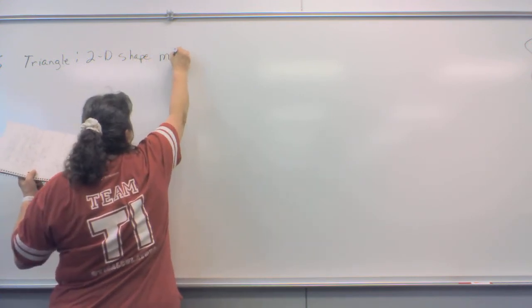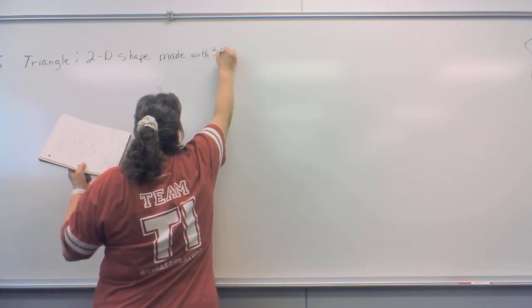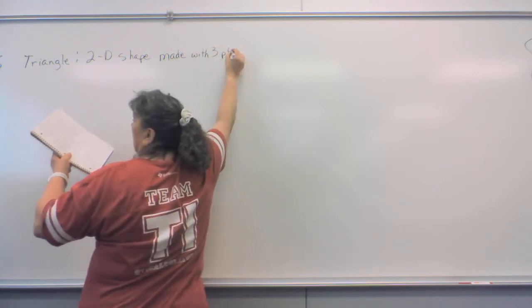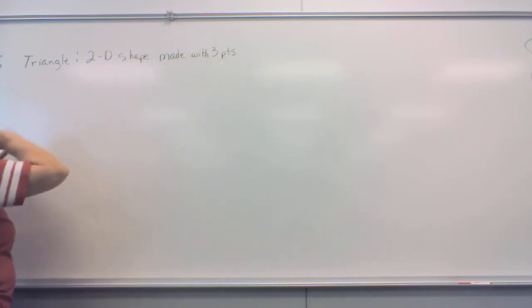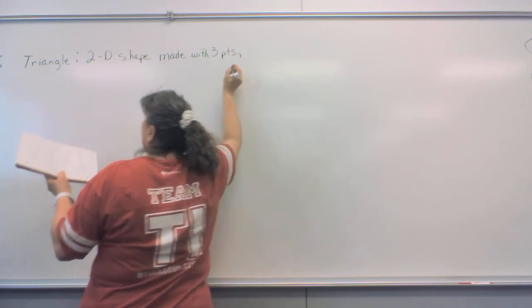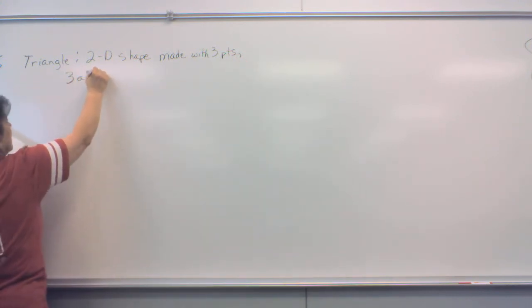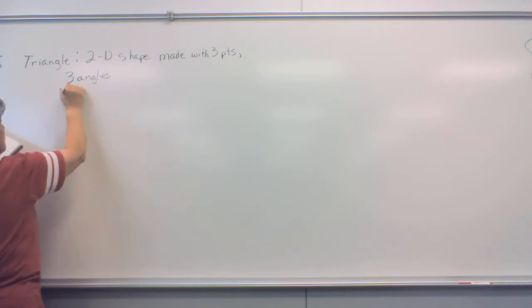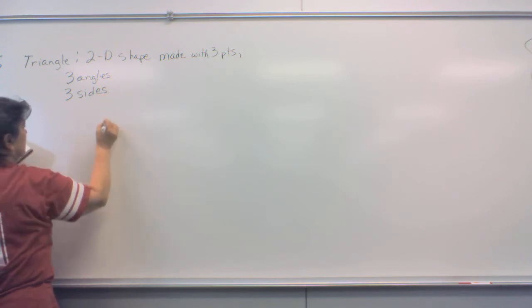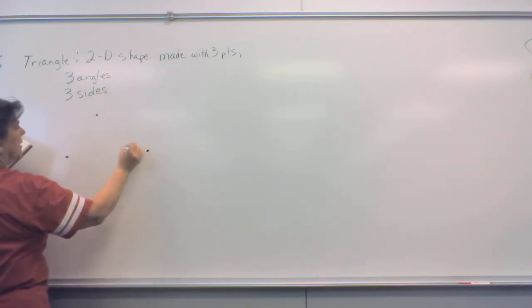It's made with 3 points that are not in a straight line. It has 3 angles, and it has 3 sides. So if you look at this, 3 points that are not in a straight line.